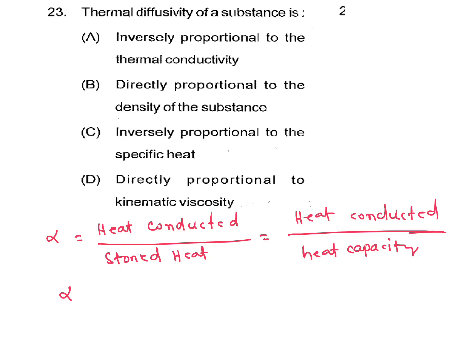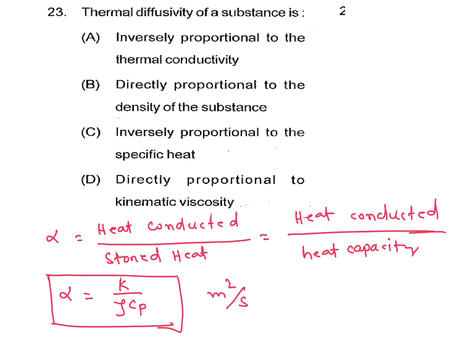This definition is also important. Mathematically alpha equals K by rho Cp. This is also very important. Its unit is also important: meter square per second. So from here alpha is inversely proportional to Cp.